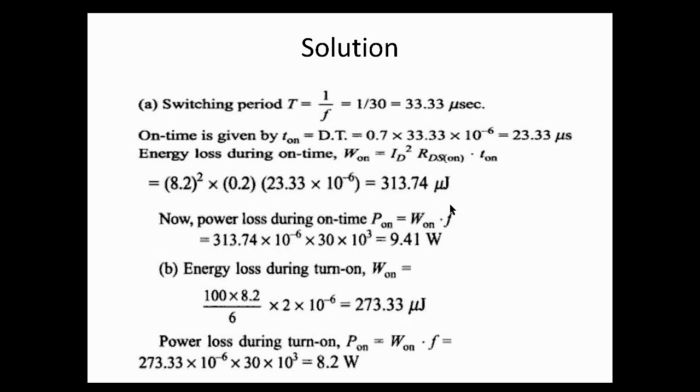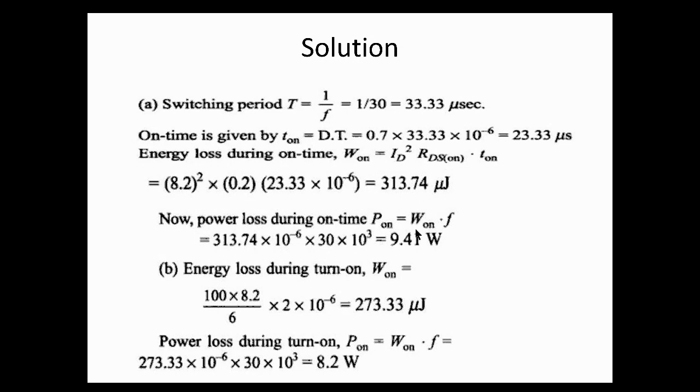Now, to get power, like I've said, we have our energy loss during that time when it is on. Remember, power is joules per second. So we need to multiply by the frequency, the switching frequency, since it's turning on and on.